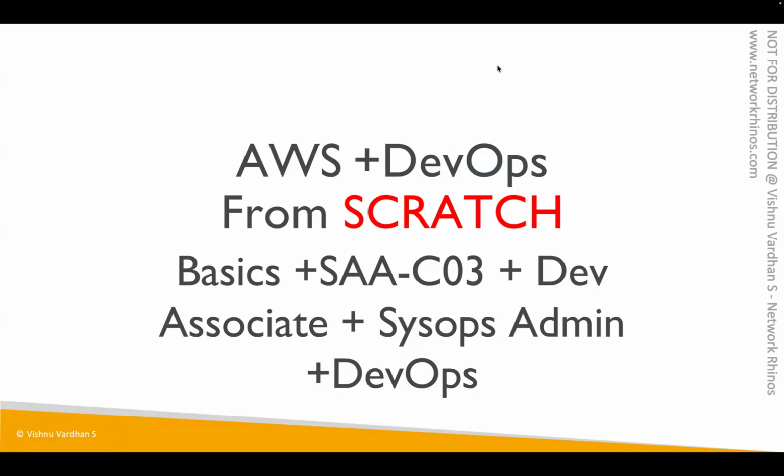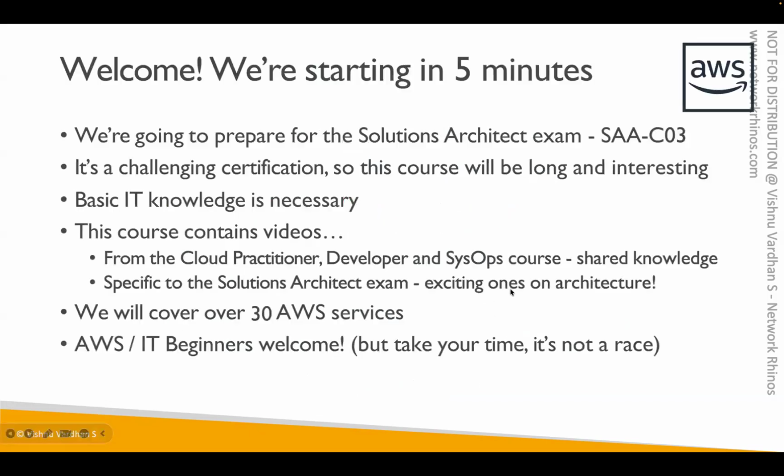In the entire course, we're going to talk about from basics to advanced level of AWS plus DevOps, starting from basics, then SAA-C03, nothing but Solutions Architect Associate C03, followed by Developer Associate topics, SysOps Admin topics, and then DevOps tools. Okay. So I'll start in 5 minutes.